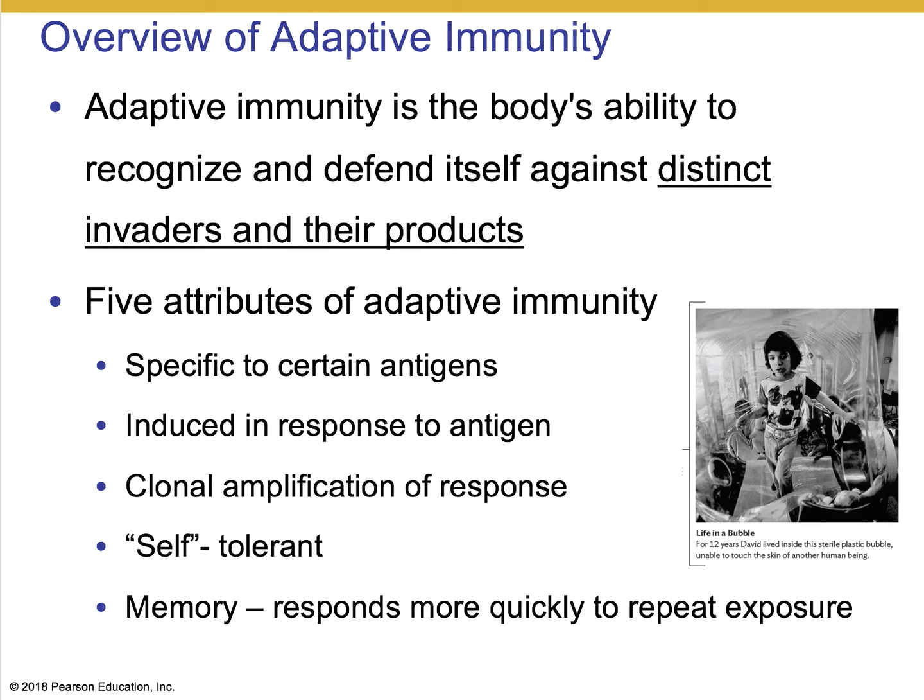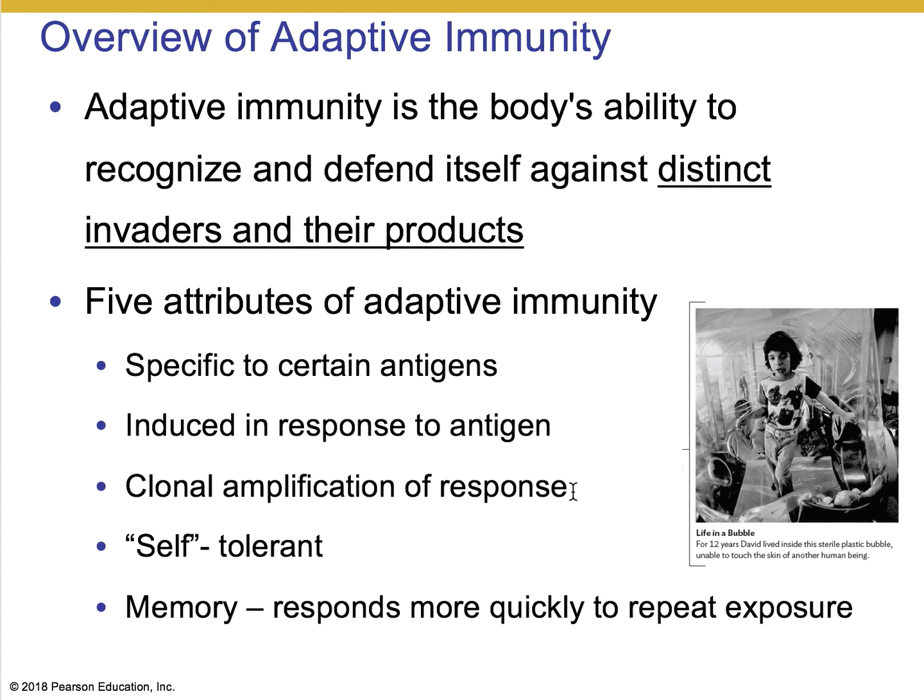So just to give you an overview of adaptive immunity in contrast to innate immunity, again, we're going to be recognizing distinct invaders and their products. Some attributes include not only specificity to certain antigens, but actually inducibility. So the response is induced or activated in response to a particular antigen that the body detects, and then that specific response is amplified.